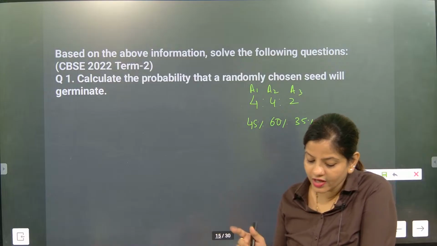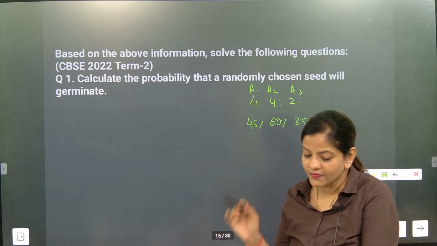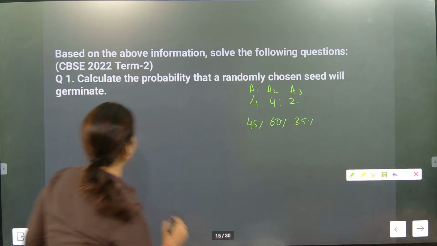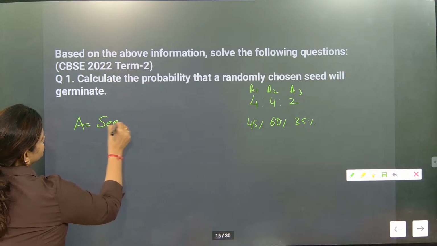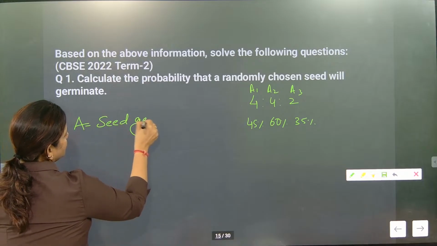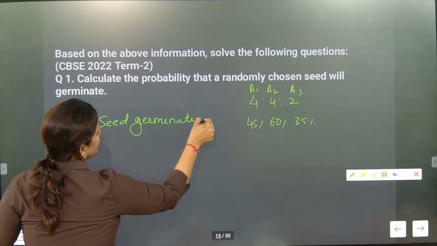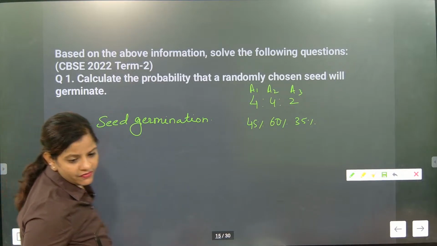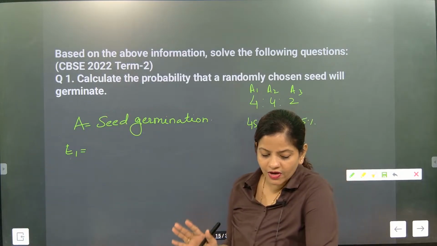Okay. So where E is concerned, we are going to take the most important condition, that is seed germination. So your technical point is seed germination. So here A is the event of seed germination. We need to talk about seed germination. Now E1 will be type A1 flower seed. Three types of seeds are there now.